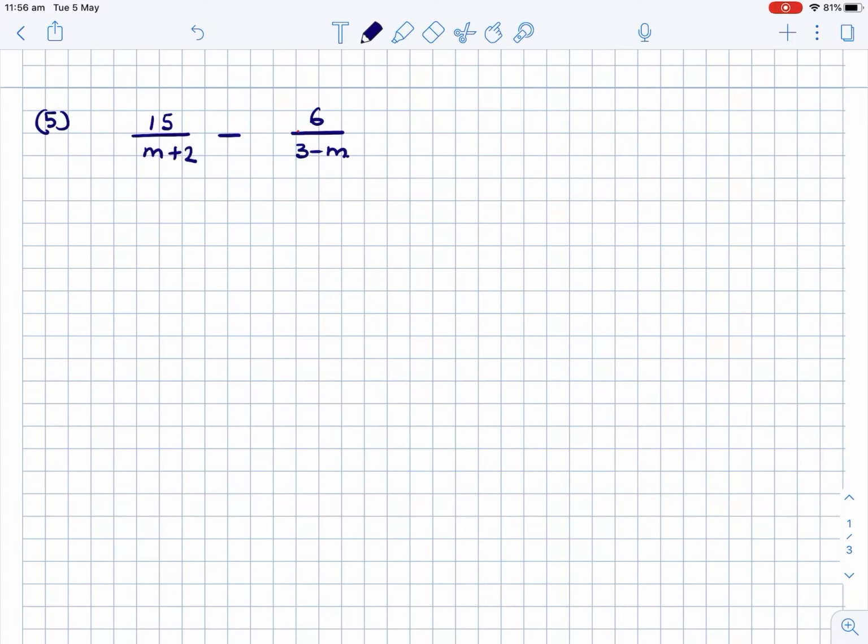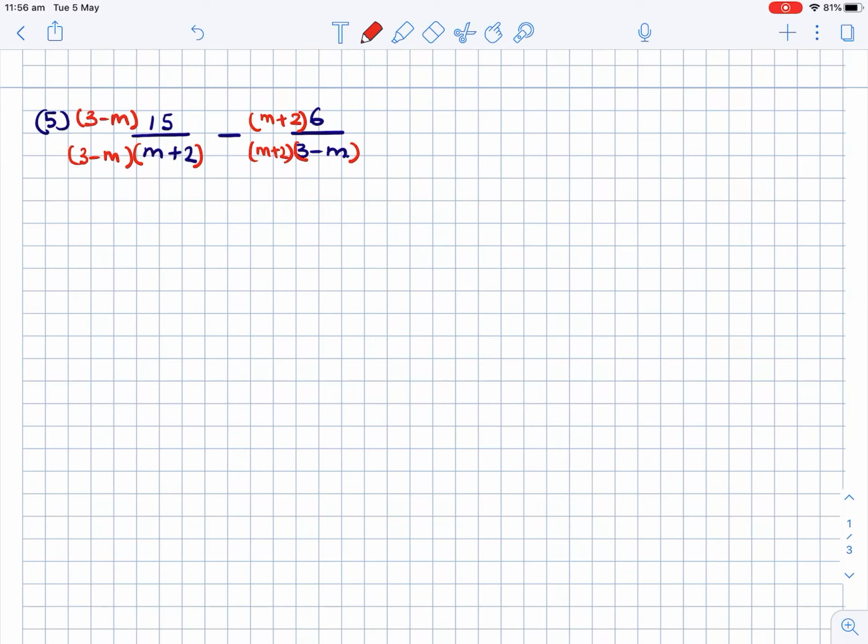So we need to make the denominator same. So for this one, you have to multiply the first fraction by 3 minus m. You also have to multiply the numerator by 3 minus m. Second fraction by m plus 2, and the numerator also by m plus 2.